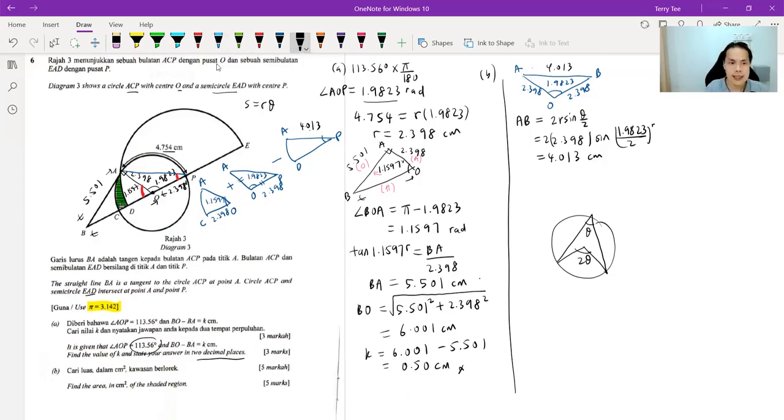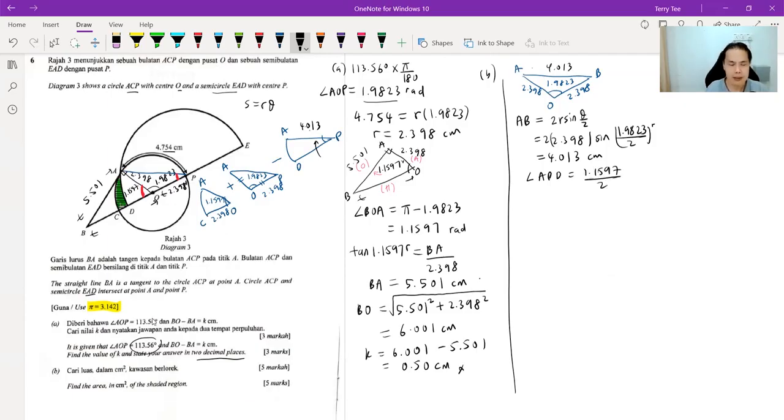So now, this angle over here we can find, right? We basically take half of 1.1597. So your angle ABD here is 1.1597, we divide by 2.